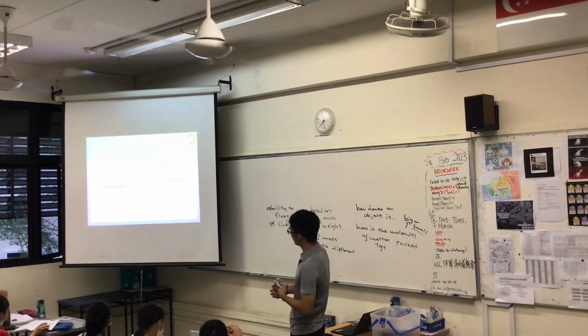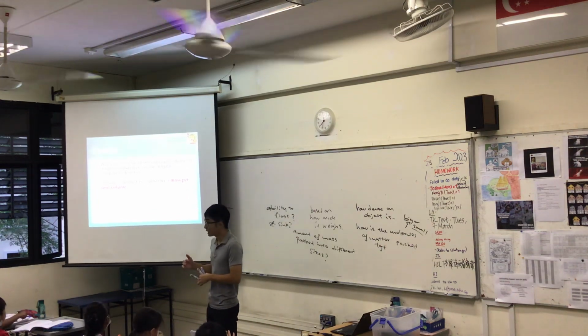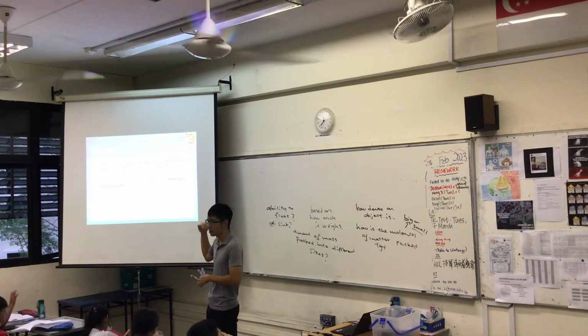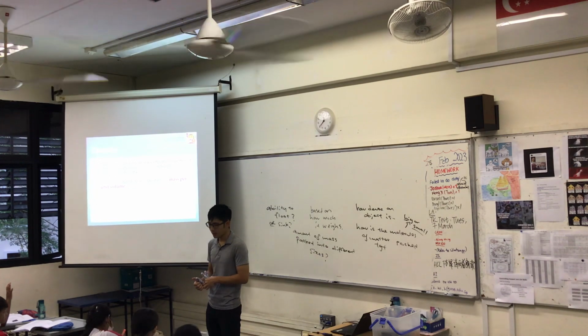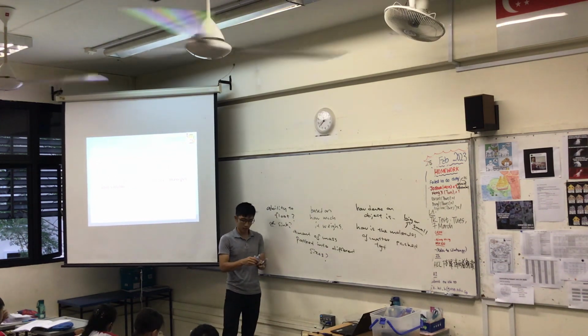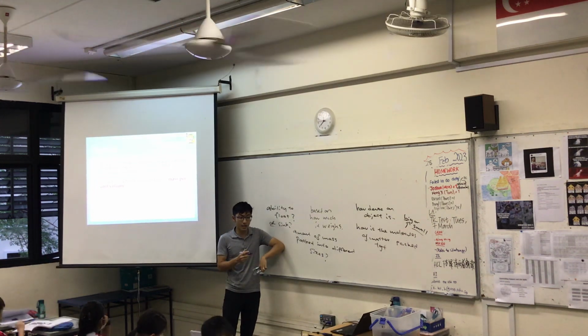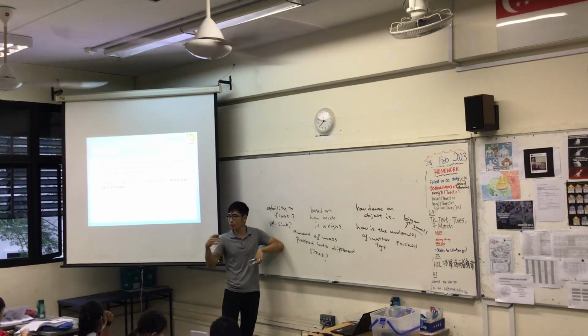Let's look at the definition of density. Density is defined as a substance's mass per unit volume. What does that mean? What's the page? Can someone say what's the page? Okay. It says density is defined as a substance's mass per unit volume.